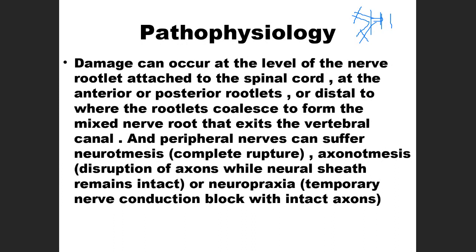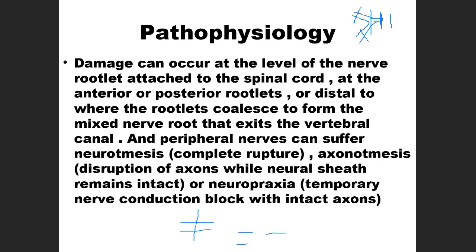The amount of damage, how it happens, is again classified. Neurotmesis is a complete rupture. There will be two parts after the injury. In axonotmesis, the axons inside the neural sheath are disrupted, but the covering will be there. For example, if it is a complete cut, then there are two parts.